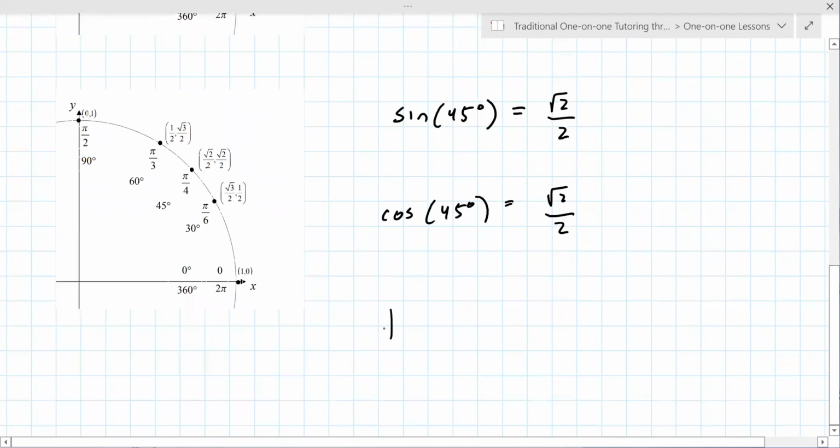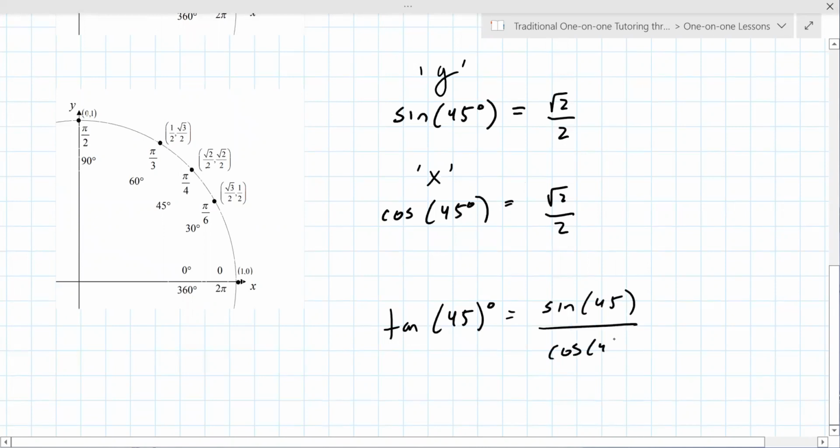But what we're trying to get you to see here is that sine is the y, cosine is the x, and tangent is either sine over cosine, or it's y over x, or both. They all work. There's multiple ways to do the same thing.